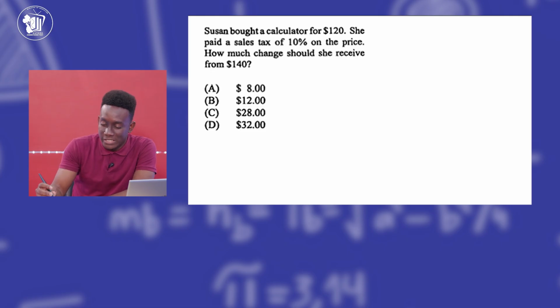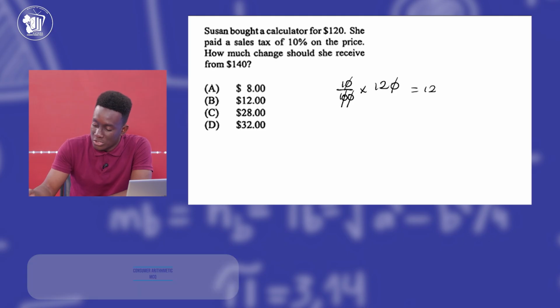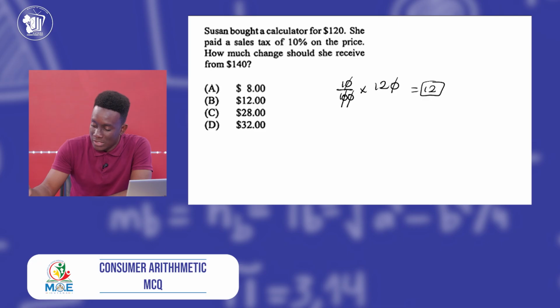So let's find 10% of the cost of the calculator, which would be 10 over 100 multiplied by the 120. So this 0 cancels with that 0, this 0 cancels with that 0, so 1 times 12 will be 12. So the sales tax will amount to $12.